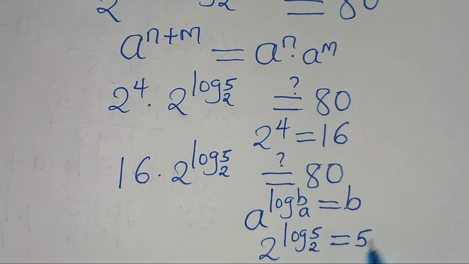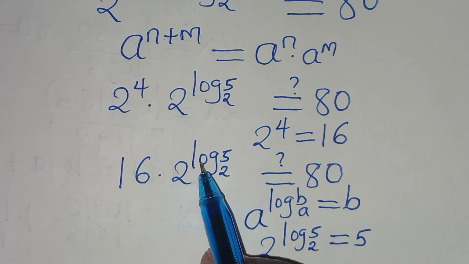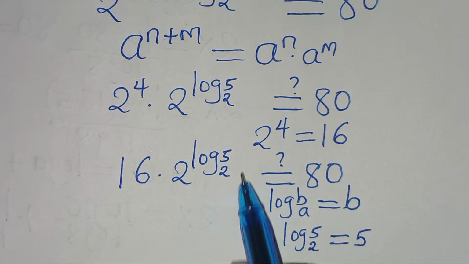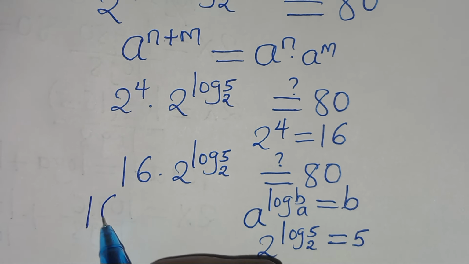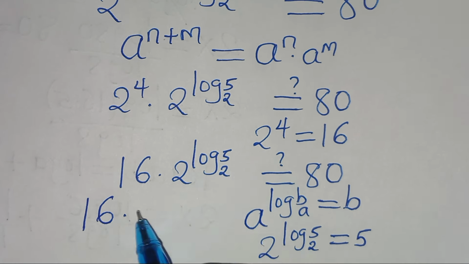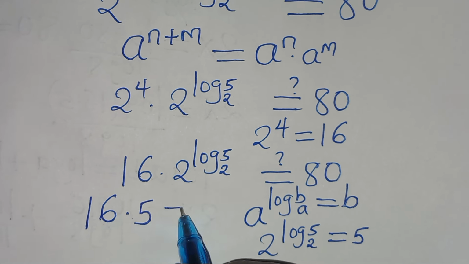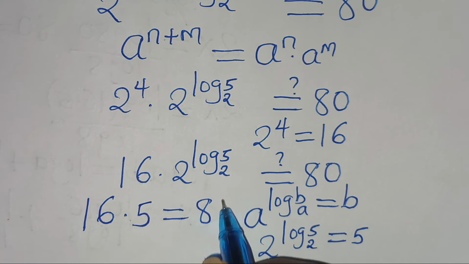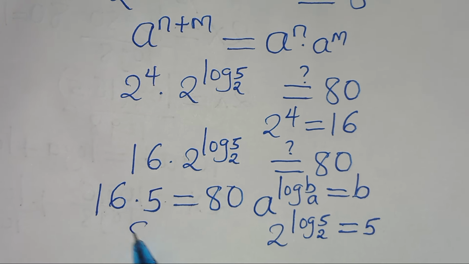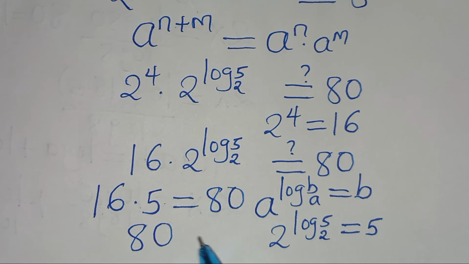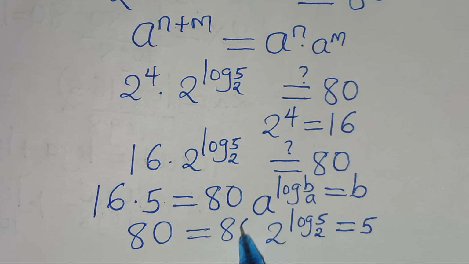So let's substitute 5 here, and now this is 16 multiplied by 5. This should give us a value of 80. So 16 times 5 is equal to 80, which is equal to 80.